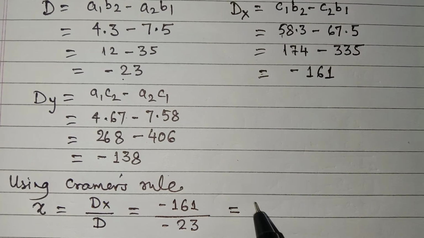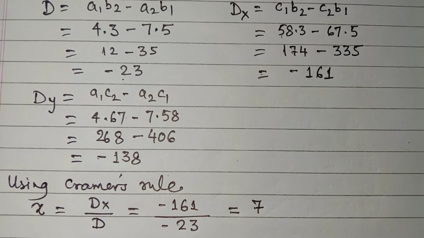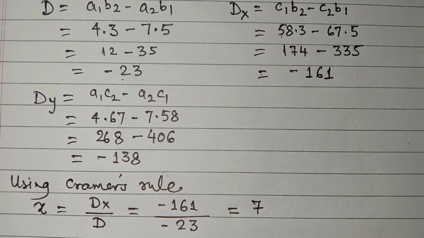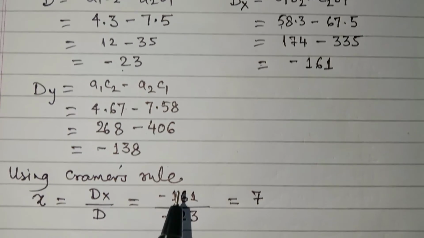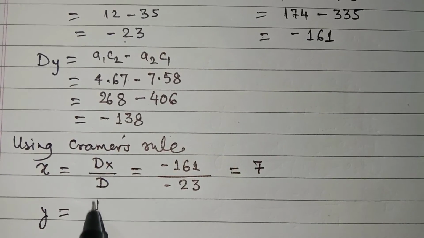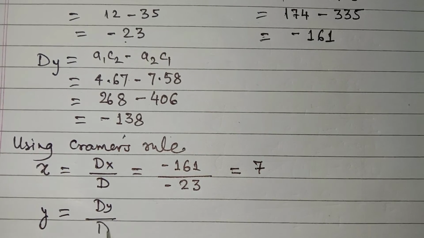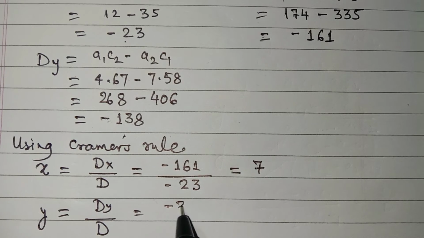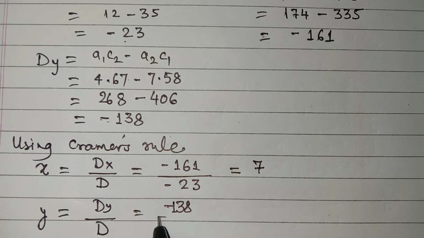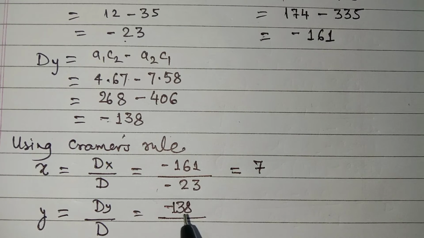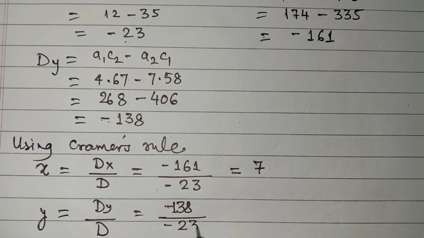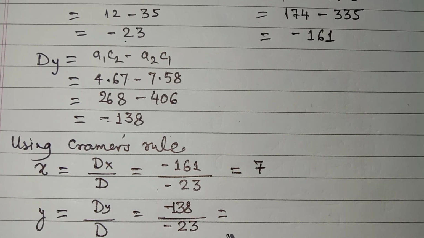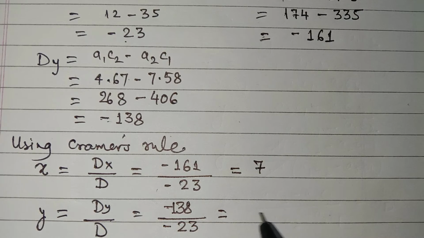It is going to be 7. Okay, and y is equal to Dy by D. And the Dy is minus 138 by minus 23. It's equal to 6.